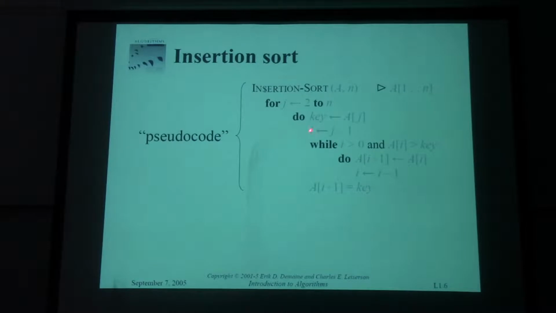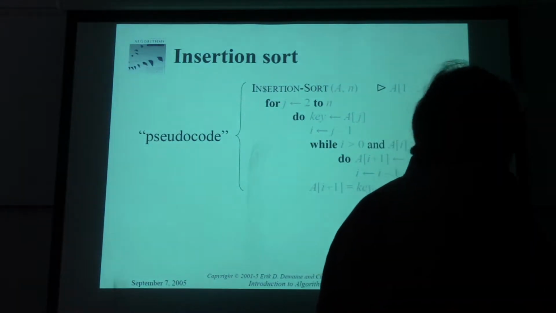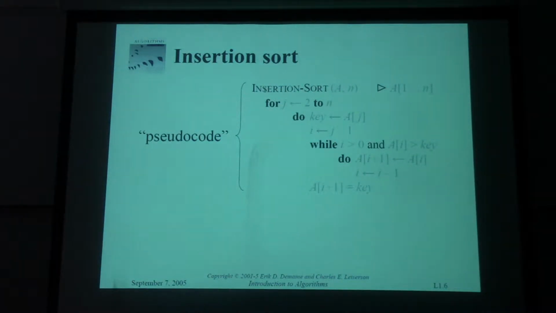And so i is equal to now what? 1. While i is greater than 0 and A[i] is greater than key. True or false? False. Why false? Because A[j] and A[i] are the same. So it cannot be greater than, so therefore nothing is going to happen.